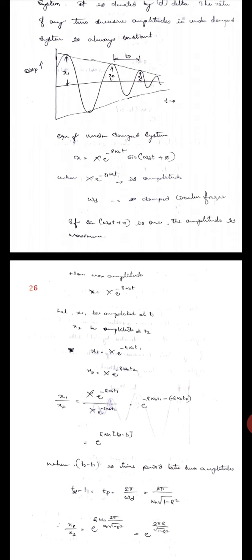Cancelling the common amplitude X, we have e raised to minus zeta omega n t1 minus minus zeta omega n t2, which can be rewritten as x1 by x2 equals e raised to zeta omega n times (t2 minus t1), where t2 minus t1 is the time period between two amplitudes.